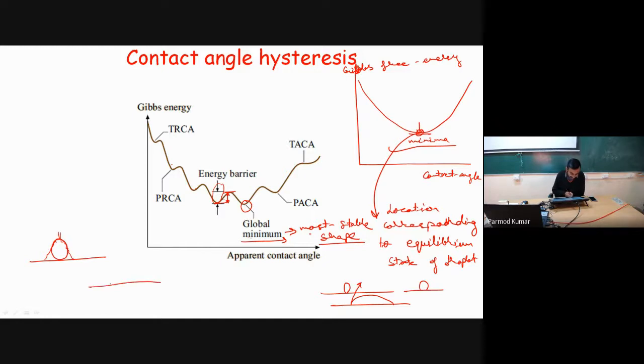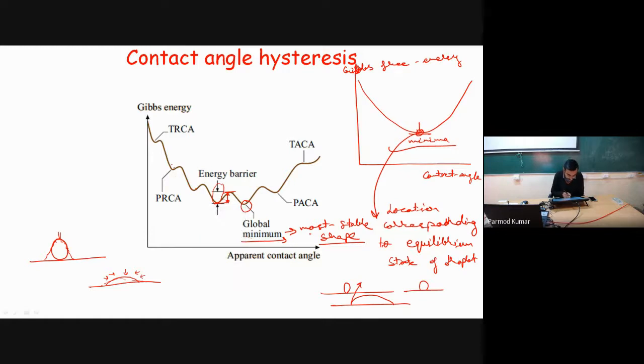Sometimes a drop is resting for some time on a surface, and after that, due to wind or any other effect, there is some small perturbation in the surroundings. Because of that perturbation, the drop may change from one equilibrium state to another, or from one minimum energy state to another, by crossing this energy barrier.